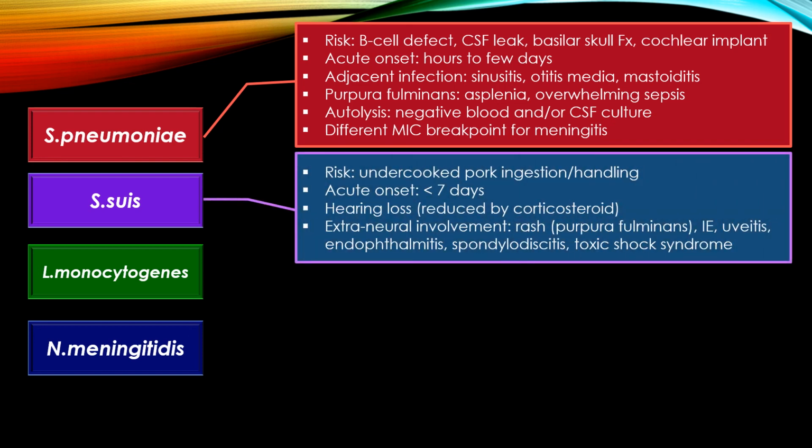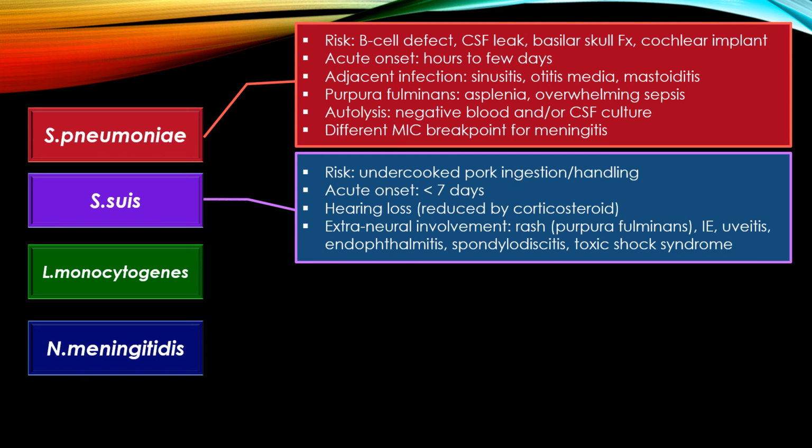For Streptococcus suis, the risk is undercooked pork ingestion or handling. Handling pork in the slaughterhouse may cause infection without eating. This has quite an acute onset. Hearing loss is a hallmark of this organism, but not specific.